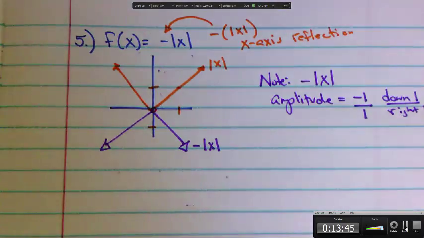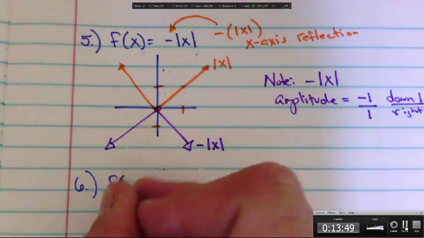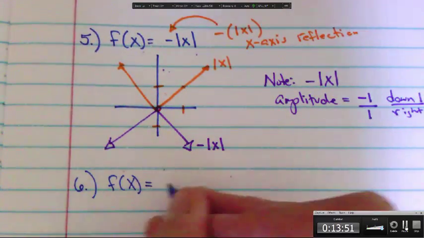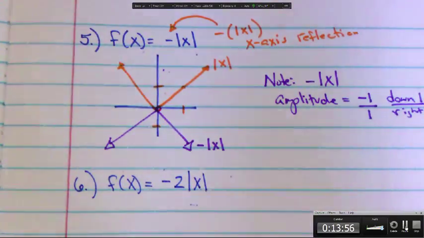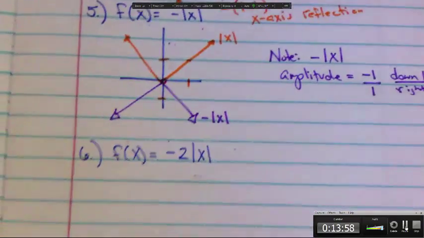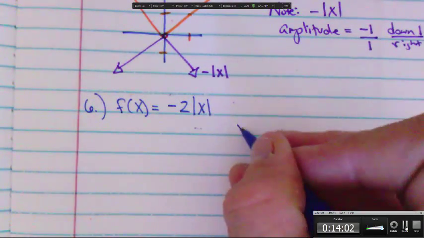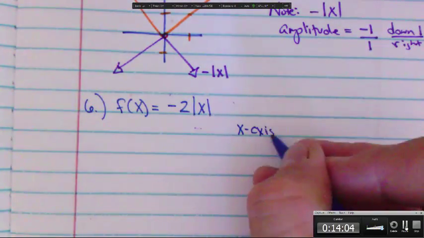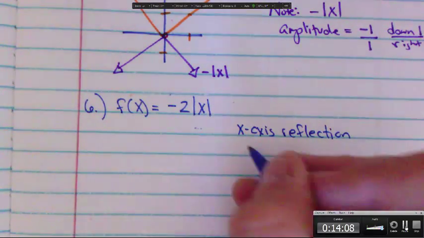So with that said, we can then do combinations of transformations. The f of x equals negative 2 absolute value of x. So if you look, it's being negated, which means there's an x-axis reflection, and it's being multiplied by 2.